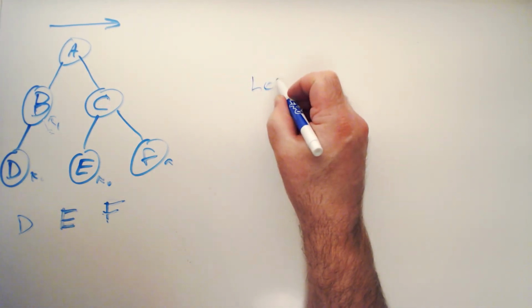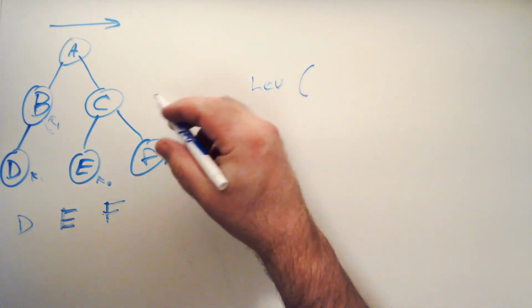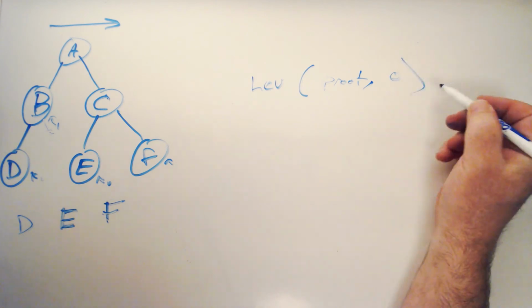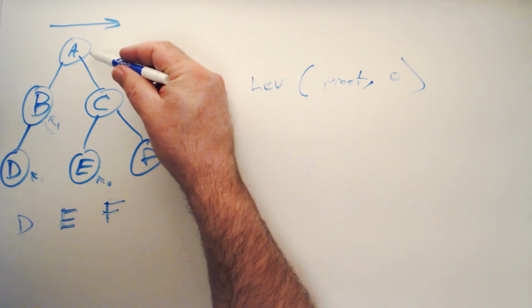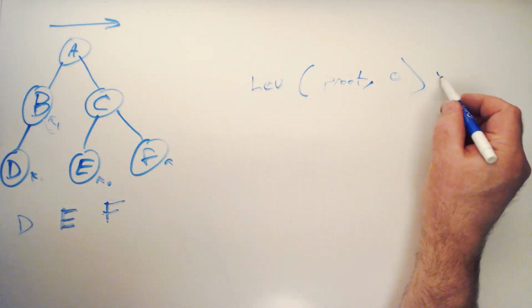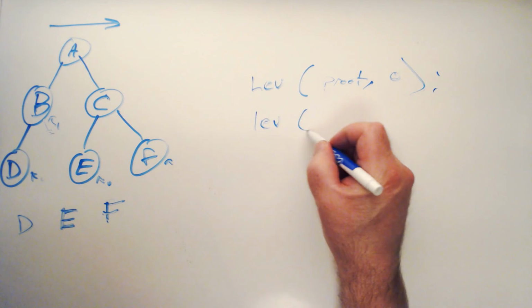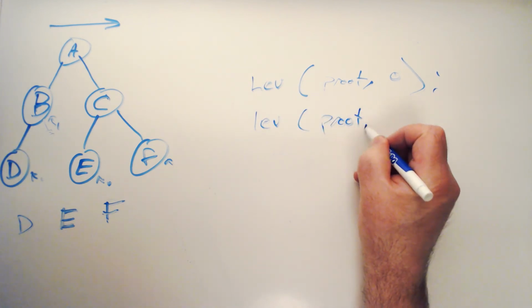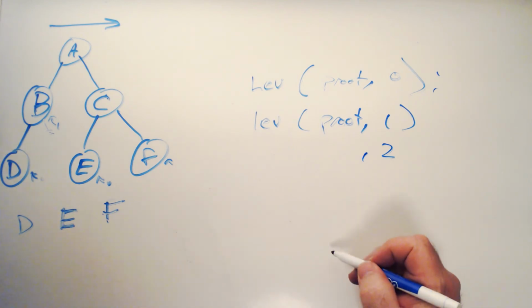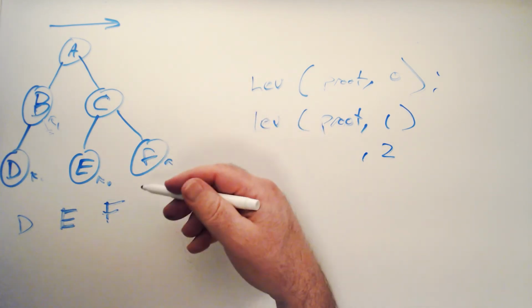You just need Lev of P root, comma, 0. That will print out the top level, right, at depth 0, and that'll cause A to print out, and A won't bother to look at any of its children. You then need to call Lev for P root, 1, then P root, comma, 2, and so on for as many levels as you have in your tree.